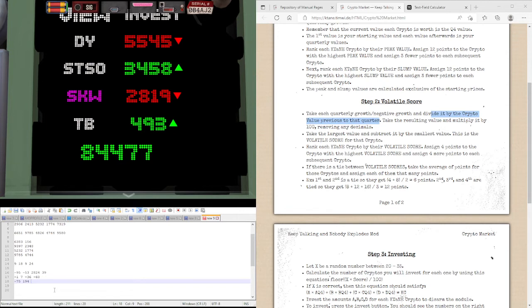Minus 2819 over 5232 times 100 is negative 53.